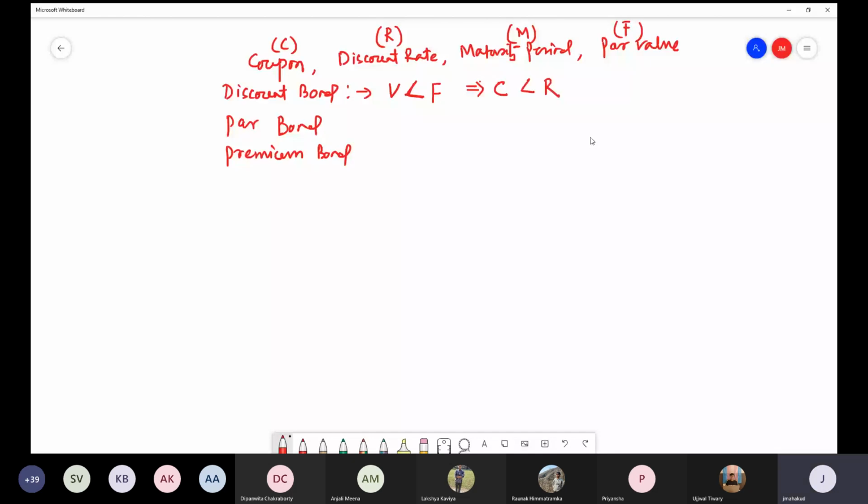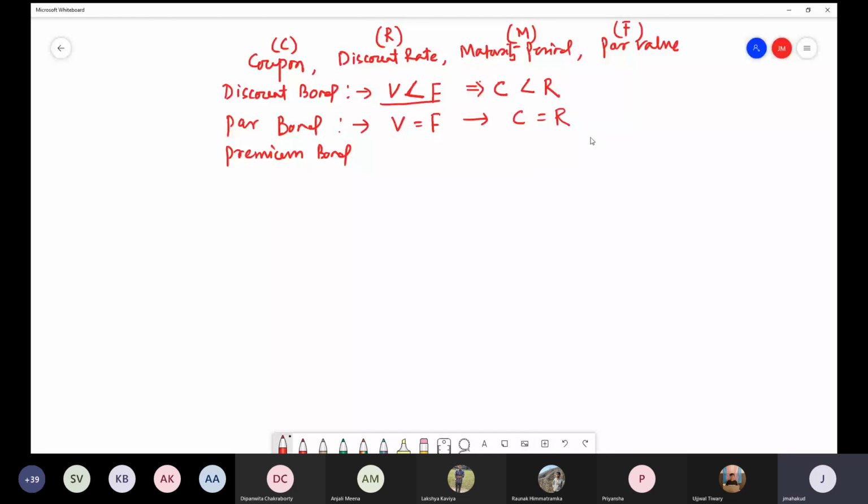And if it is a par bond, then obviously V is equal to F. So in that case, your coupon is equal to your discount rate. If the bond is issued at par, that means the coupon rate is equal to the discount rate. And the premium bond is just the reverse.